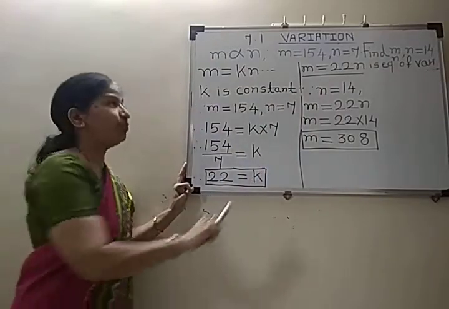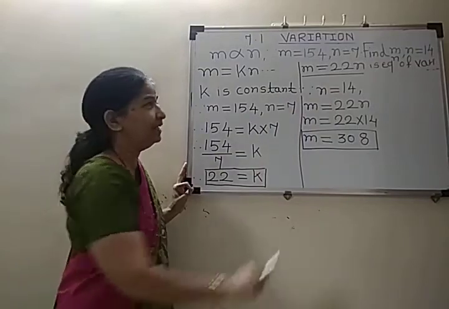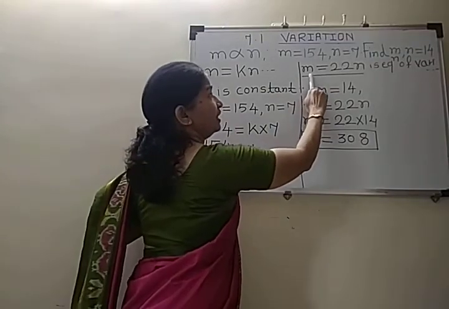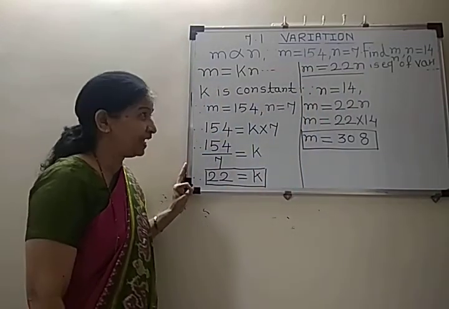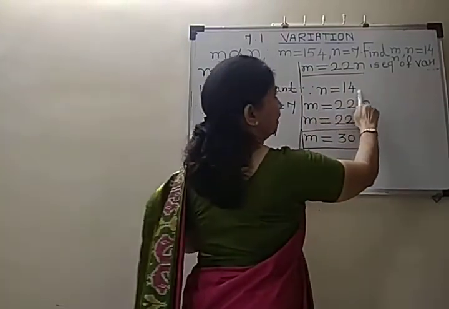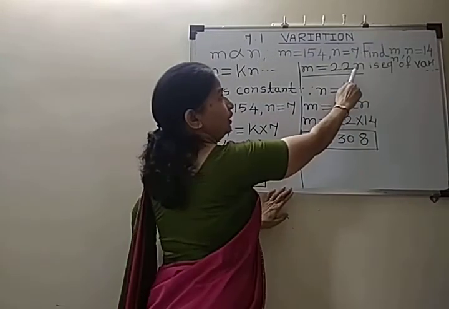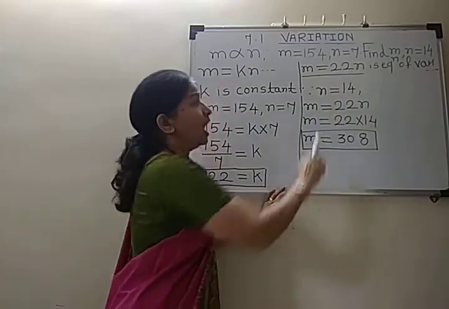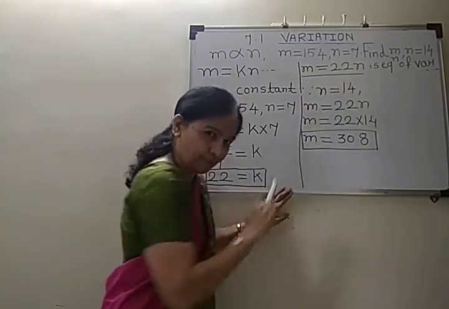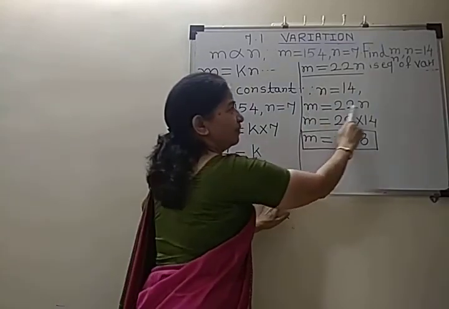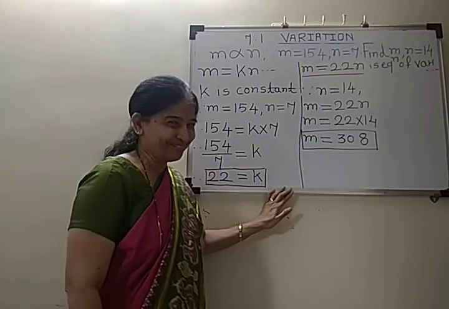In such way, I got the equation of variation as M is equal to 22N. Now they have given us N is equal to 14. Substitute that value of N in this equation of variation, this one, and find out M.